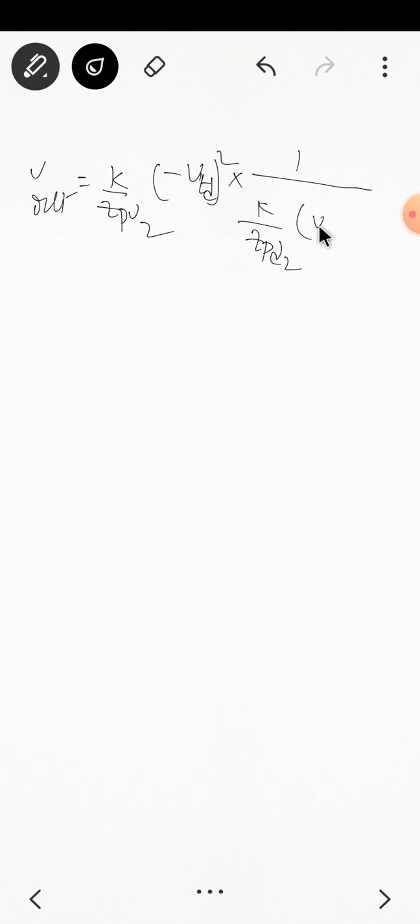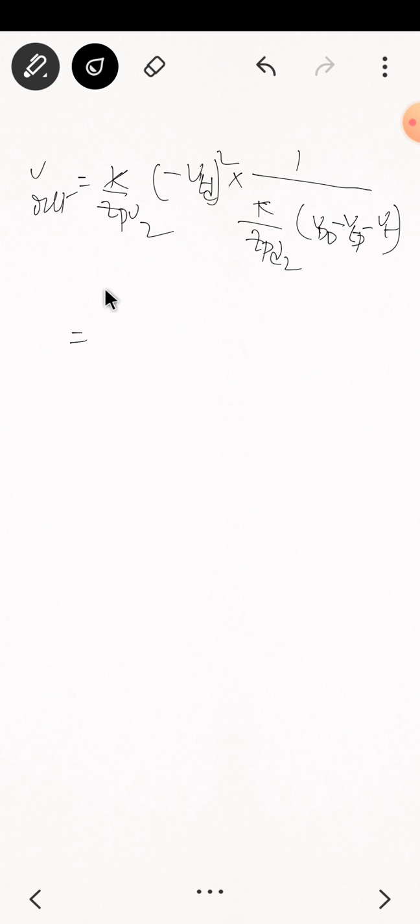Here VDD minus VTP minus VT. This is the equation. So this value and this value get cancelled.